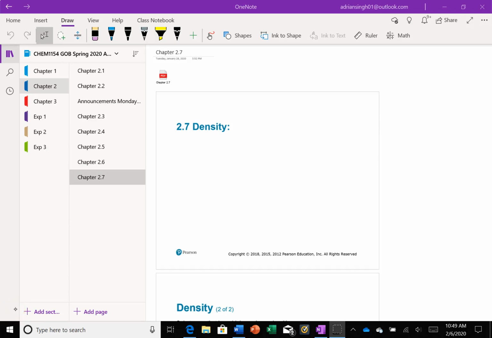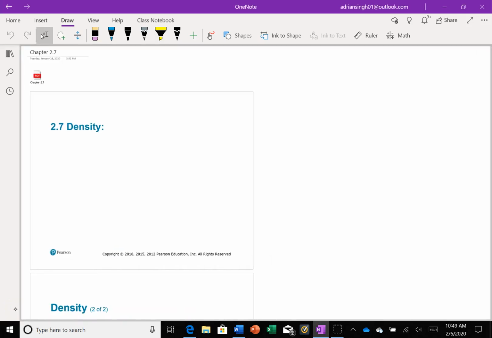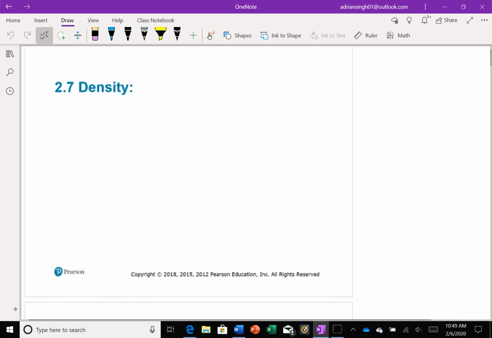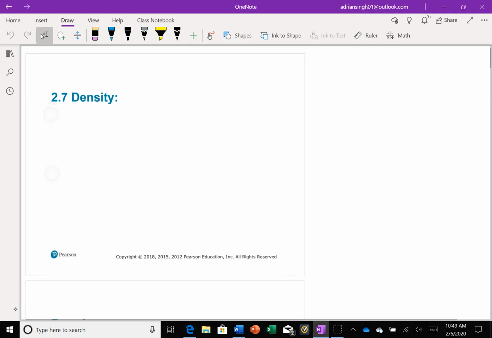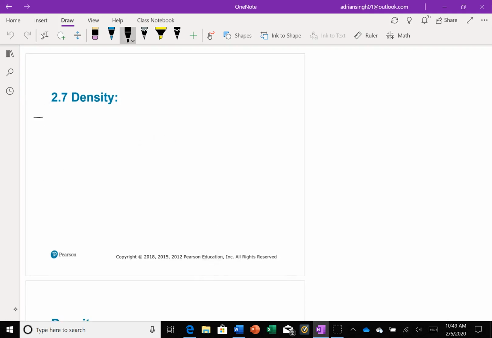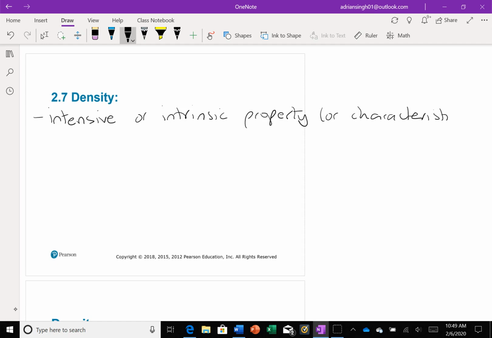All right, so the remaining part of chapter 2, the last section of it, deals with one of the properties of matter known as density. And density is a property of matter that's known as an intensive, or sometimes called intrinsic, property, or characteristic is another name for that, of matter.